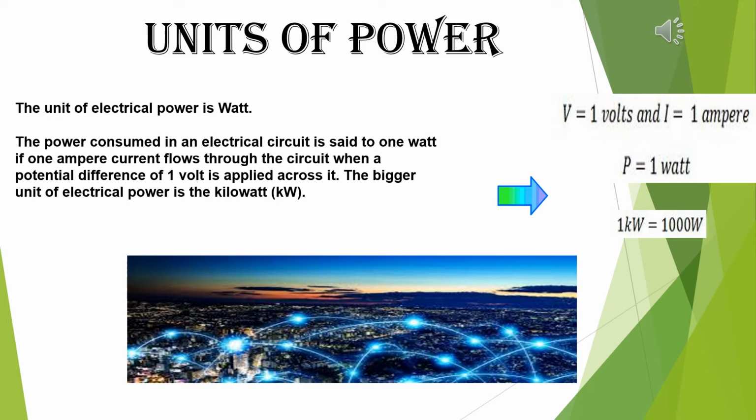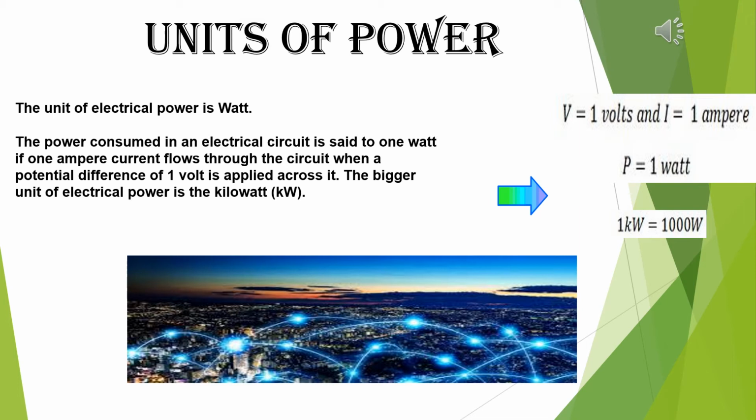Now the SI unit of power is watt. It is also the practical unit of power. So we know that P is equal to V into I. Therefore 1 watt is equal to 1 volt into 1 ampere, that means 1 VA. So electric power is 1 watt if 1 ampere current flows through a circuit having 1 volt of potential difference.